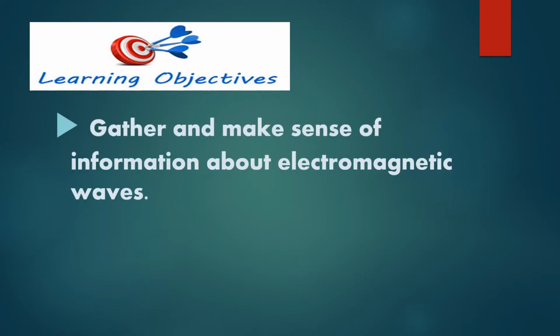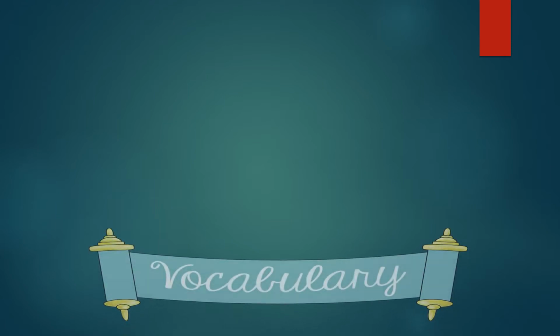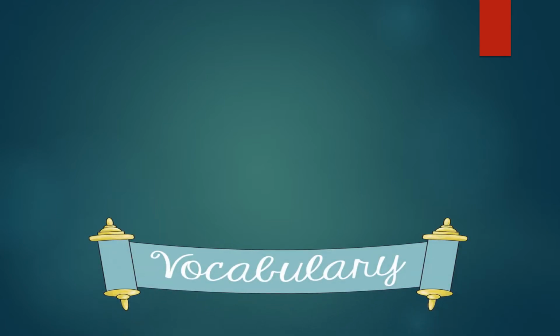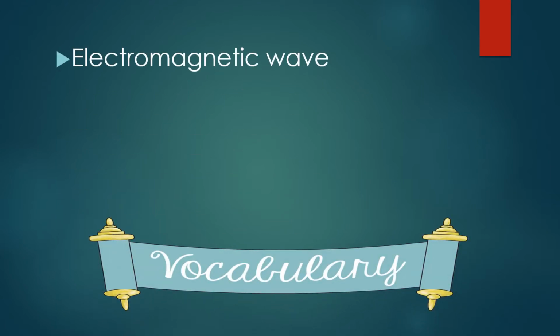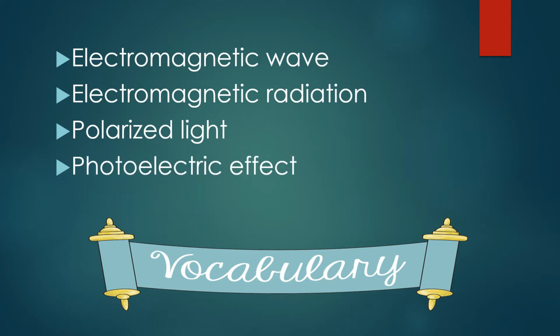First, gather and make sense of information about electromagnetic waves and use models to explain the behavior of electromagnetic waves. And the words that you have to know at the end of the lesson are the following: electromagnetic wave, electromagnetic radiation, polarized light, photoelectric effect, and photon.